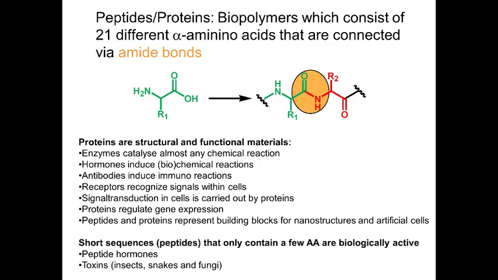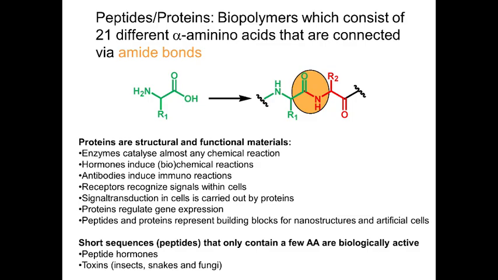On the right-hand side, you see a part of a protein where this green amino acid had been incorporated, and there it undergoes this peptide bond formation with the red amino acid that is shown right beside the green one, and in the circle you see the famous peptide bond and its respective structure.